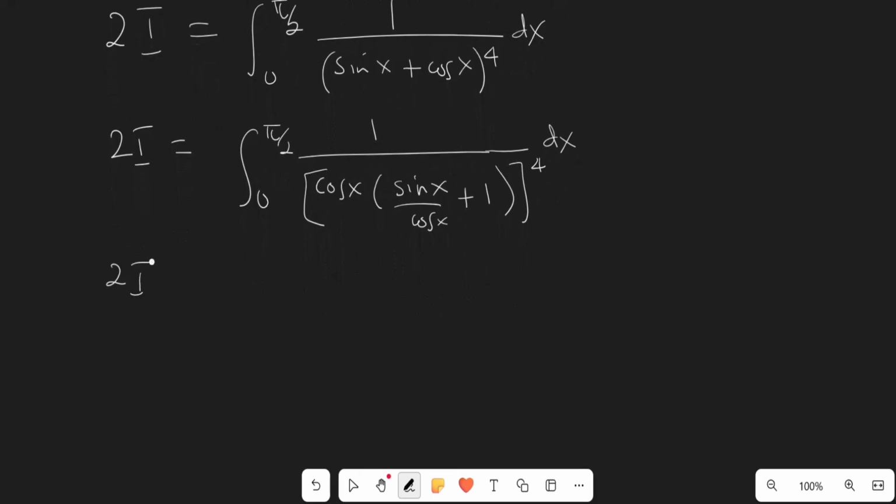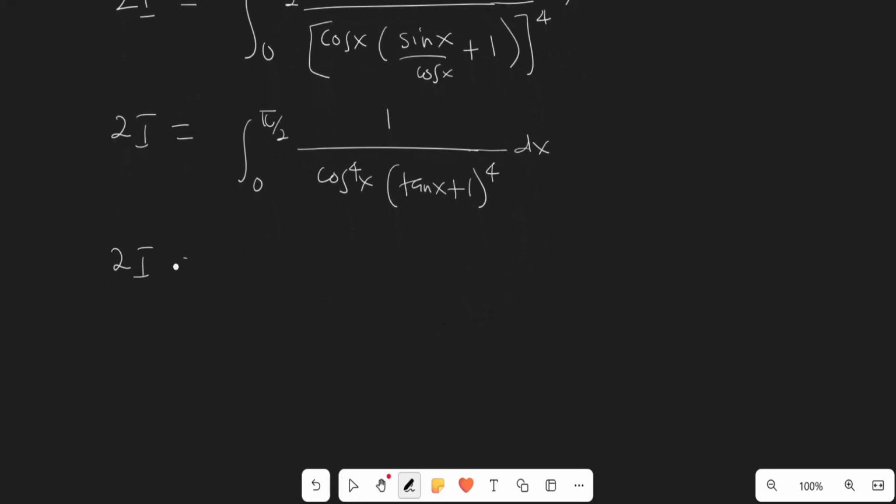So 2I is going to be the integral from 0 to pi over 2 of 1 all over cosine to the 4th power of x times sine over cosine, which is tan of x, plus 1 all to the 4th power dx.